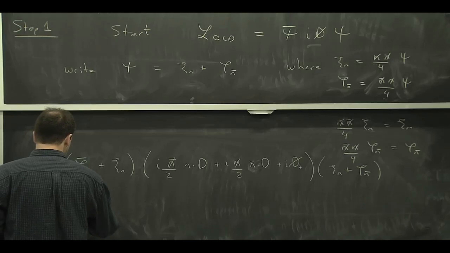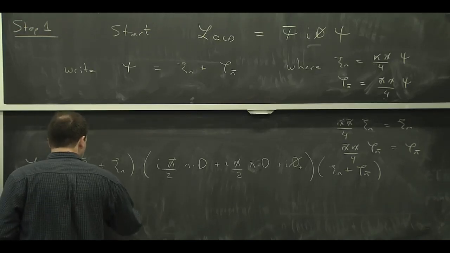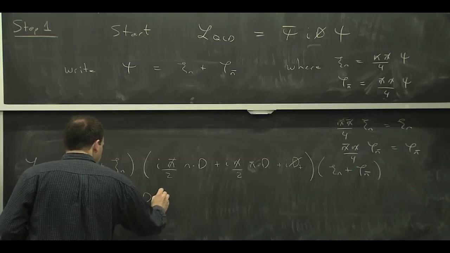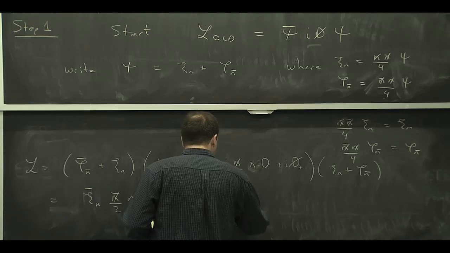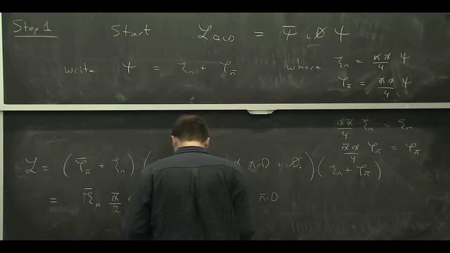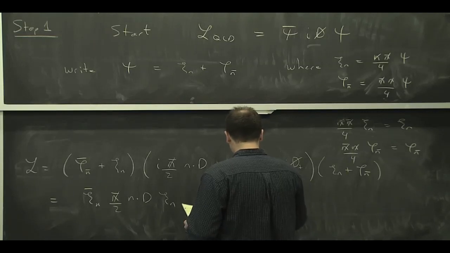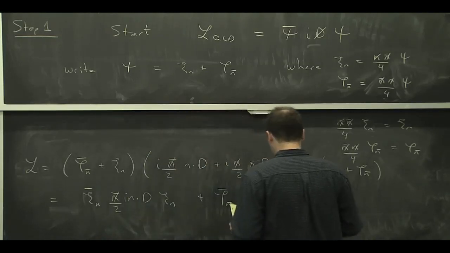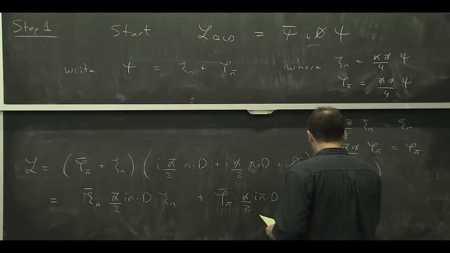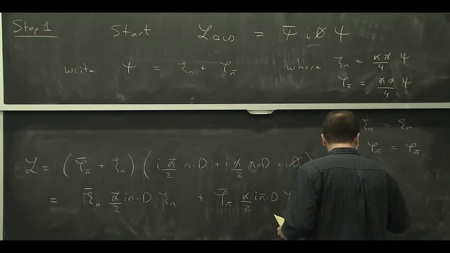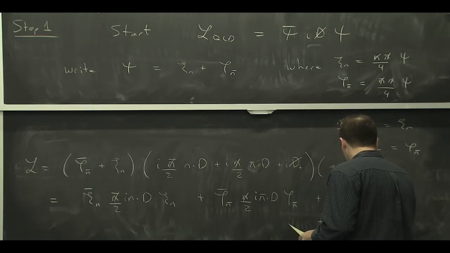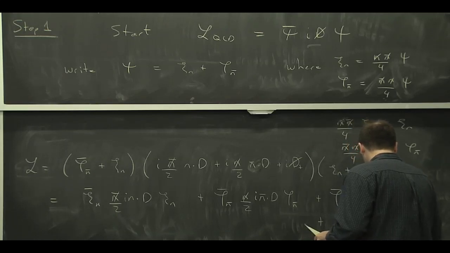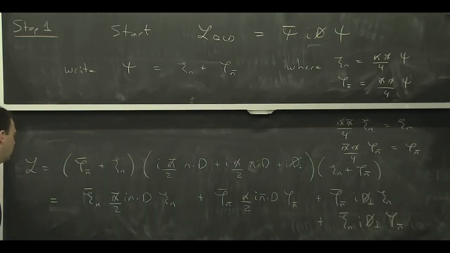So if I only write the pieces that don't vanish, then I only have 4 pieces, which are these 4. OK, so all other combinations that I didn't write vanish, and those 4 survive.